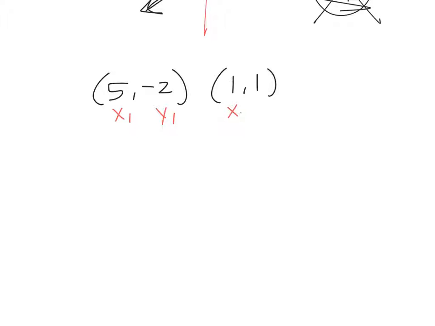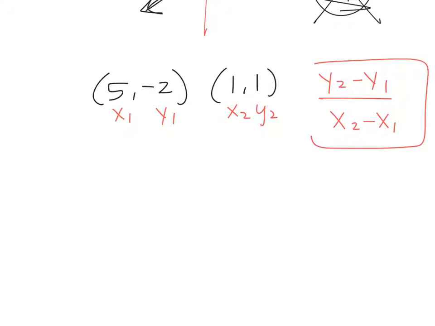So x1, y1, that would make this x2, y2, and here's your formula, y2 minus y1 over x2 minus x1, okay? This will be the slope formula every single time. So if we're gonna plug into that, what goes here? Y2. That's your 1 minus a -2, okay? Minus a -2. Make sure you're not saying minus a +2, okay? The formula is subtraction.